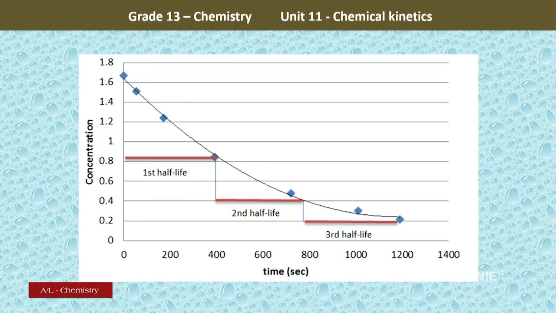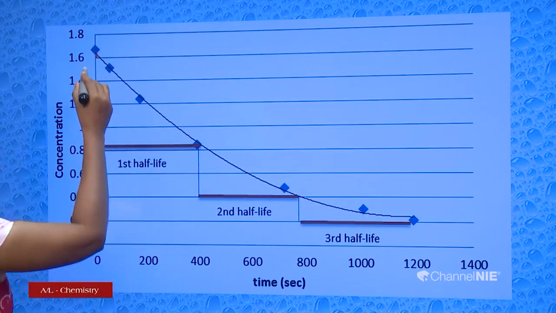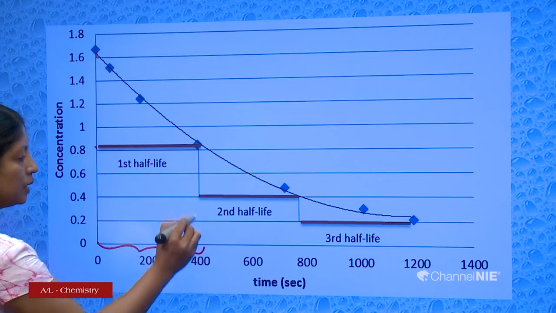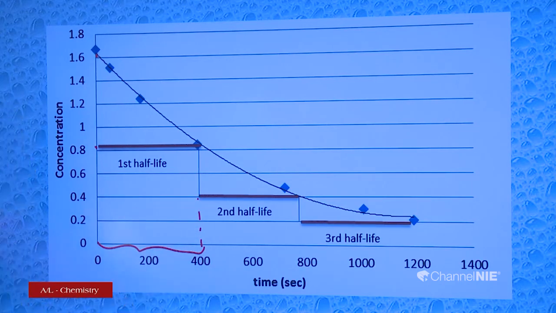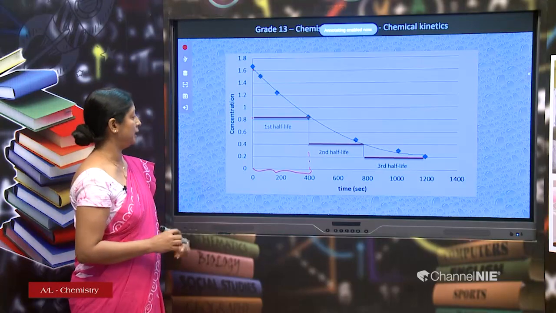Half of that means 0.8, this value. Can you all identify the time required to reduce this 1.6 to 0.8? The time required is 400 seconds.